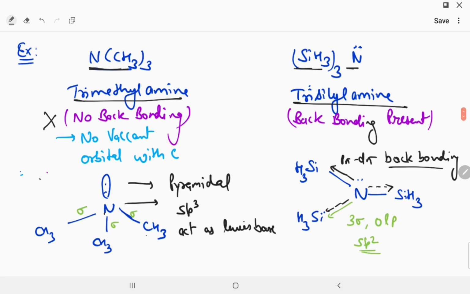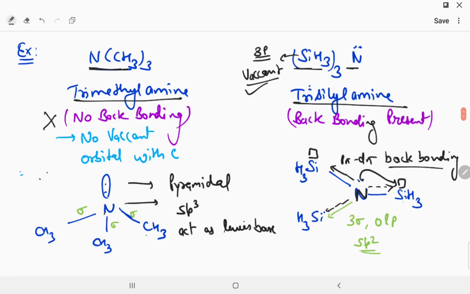But silicon is a third period element which has a vacant d orbital. Okay, so in this what happens, it will form a trigonal planar structure where the nitrogen lone pair is donated to the silicon vacant orbital.